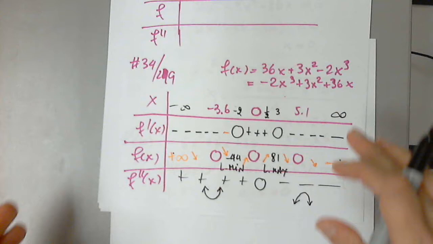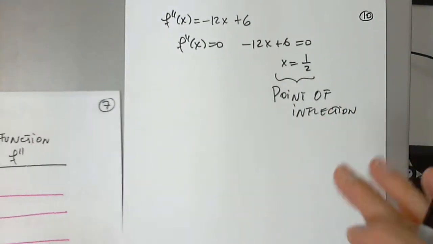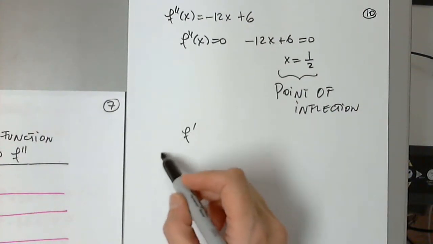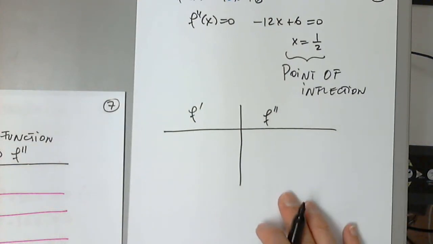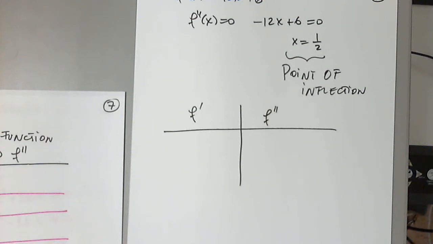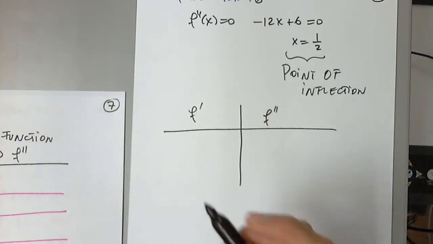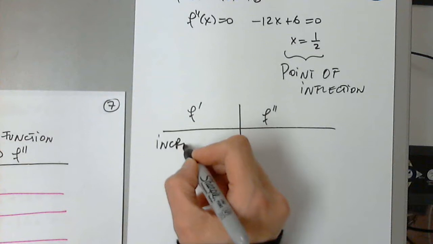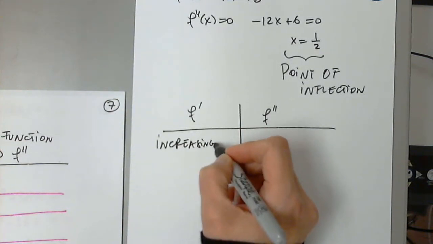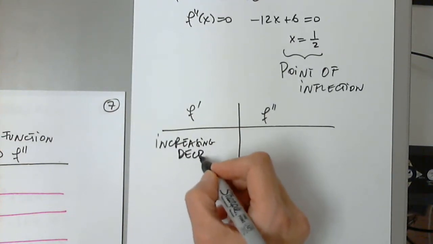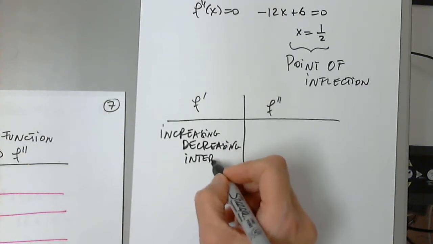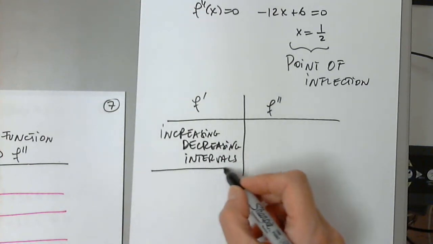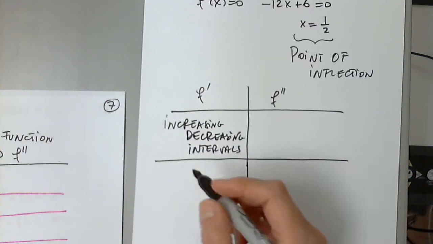So before I forget, I just want to write here first derivative and second derivative, what we normally learn from them about the function. Increasing, decreasing intervals, max, min.